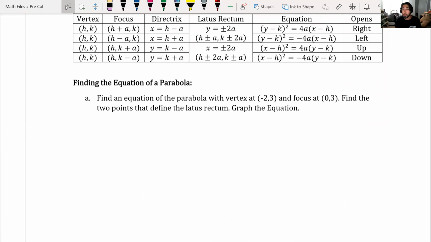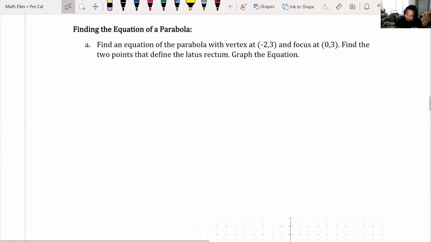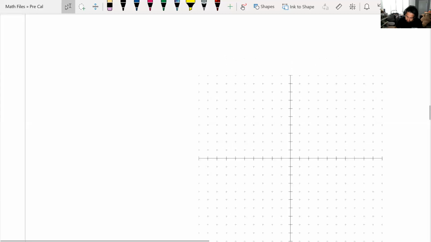So the easiest way to go about these is just graph from the beginning. So our vertex is at -2, 3, and our focus is at 0, 3. So I'm going to scroll down and plot those. -2, 3 is my vertex.